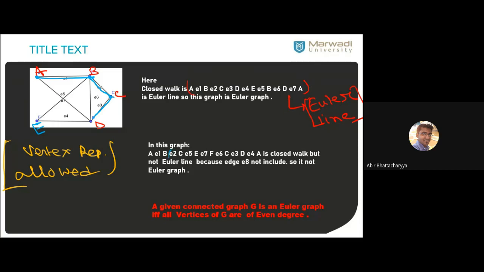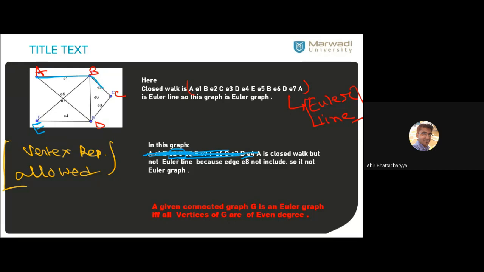E2, C is wrong. Let's make this work. A, B, then E. I think this is the wrong walk as given. Just a minute, don't need to look at this. This is actually wrong, the things given here. Okay, so let us consider this walk.